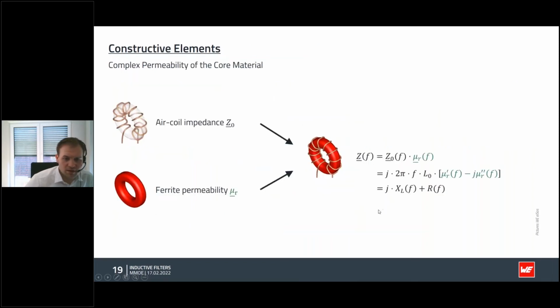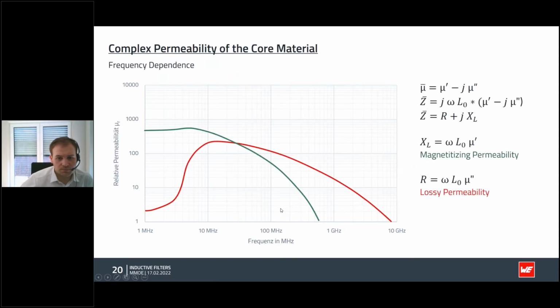So multiplying this into our formula that we've had before, we'll now get jXL, so the reactive part of the impedance, but we also get a resistance. So we have an actual frequency-dependent resistance that is stemming from the core losses that are introduced by this ferrite core inside the inductor.